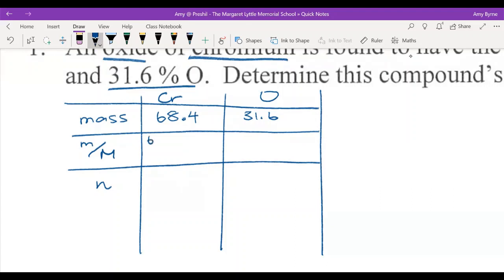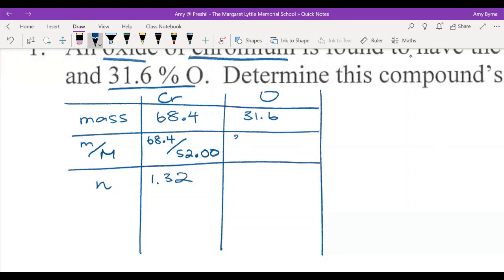Chromium is 68.4 divided by 52.00. 68.4 divided by 52 gives me 1.32 moles.